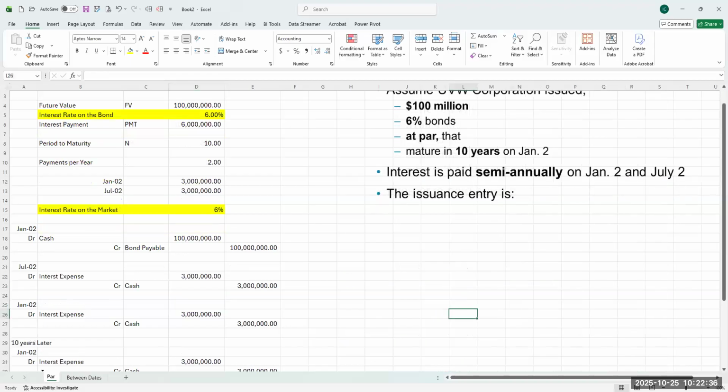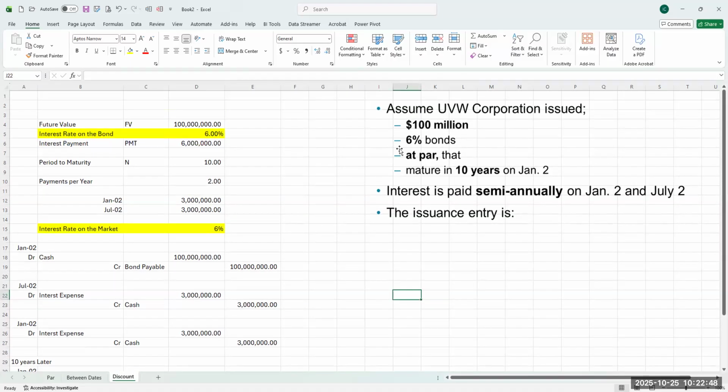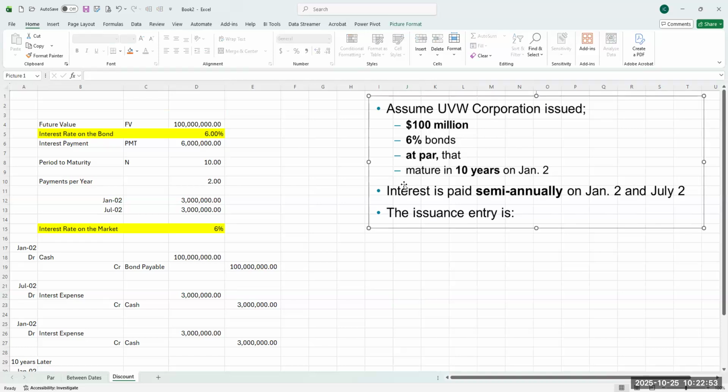Let's start with the information about the par, and I'm going to flip it here. And now let's go with the discount. Same scenario, the company issues $100 million, and this time it is not on par. Let me change that par first. Let me see how it's on the slides. I'm going to change the interest rate on the slides just to make it more interesting.